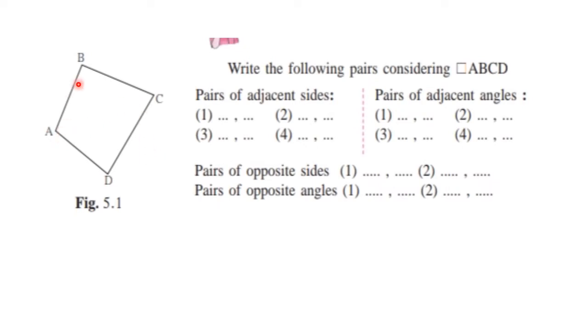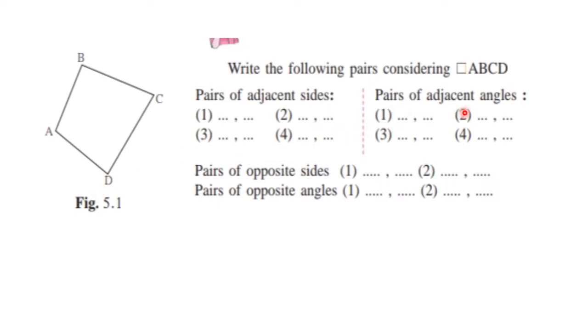Segment AB is adjacent to segment BC, and they have a common vertex B. Similarly, segment BC is adjacent to segment CD, then segment CD is adjacent to segment AD. This is how you name the adjacent sides.